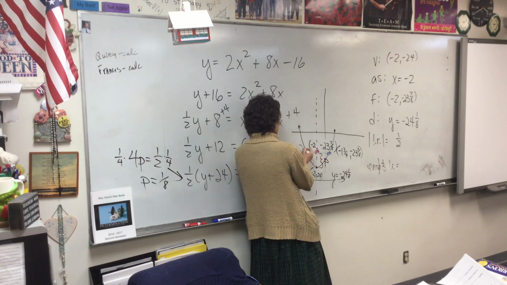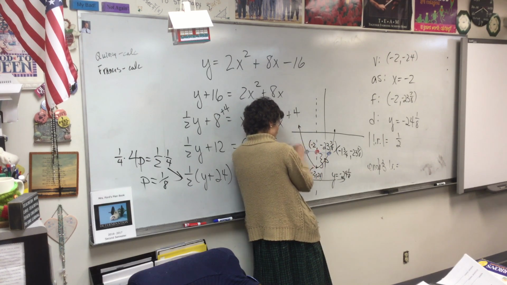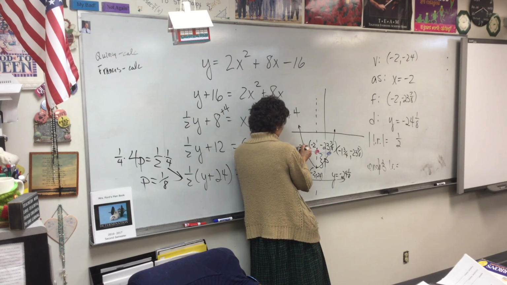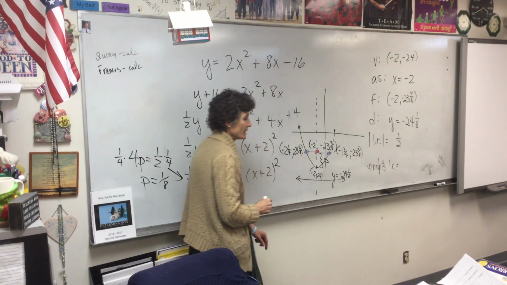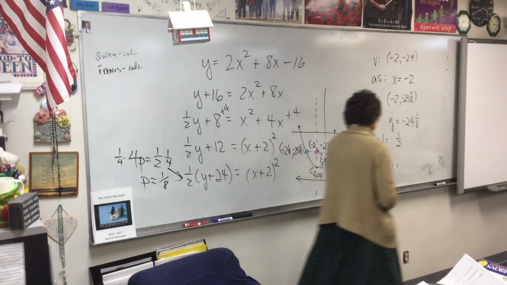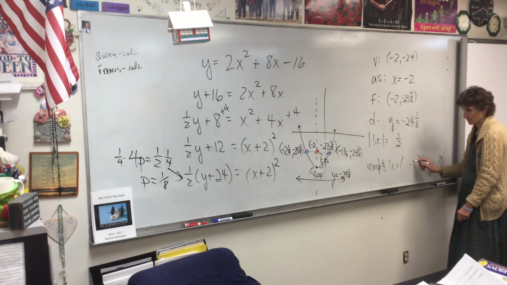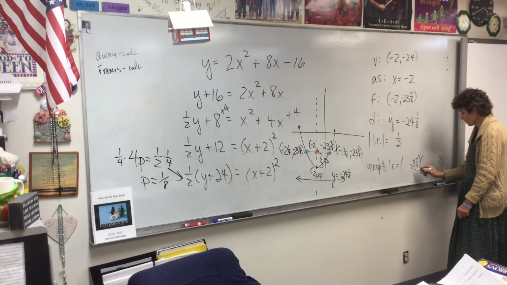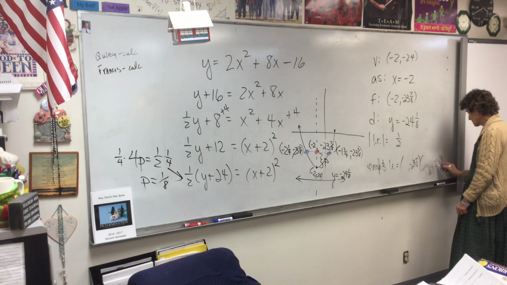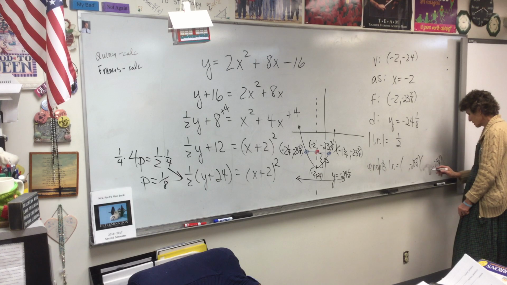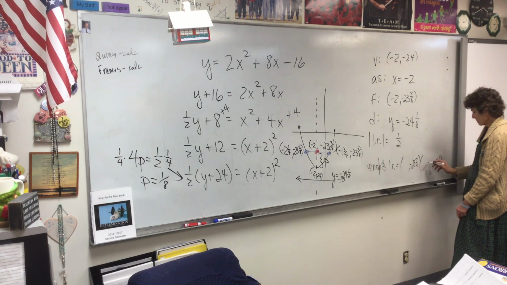I'm going to go backward a fourth, -2 1/4, -23 and 7/8. So those are my endpoints. Unfortunately, fractions are almost always a part of it, so you just need to get used to it.